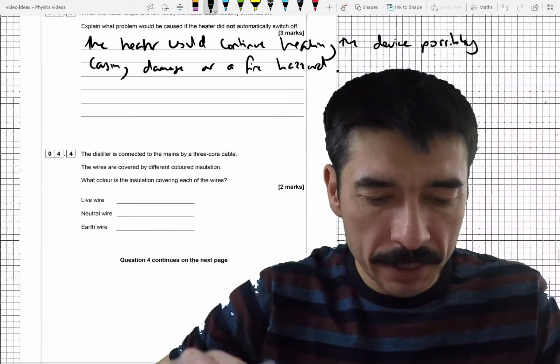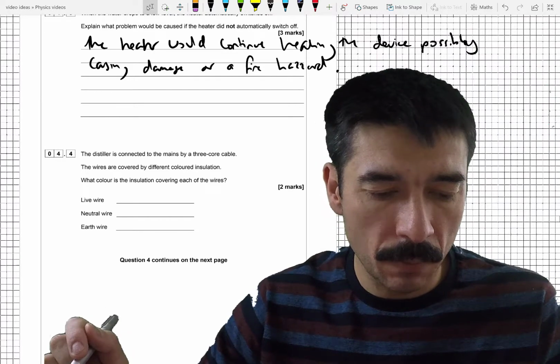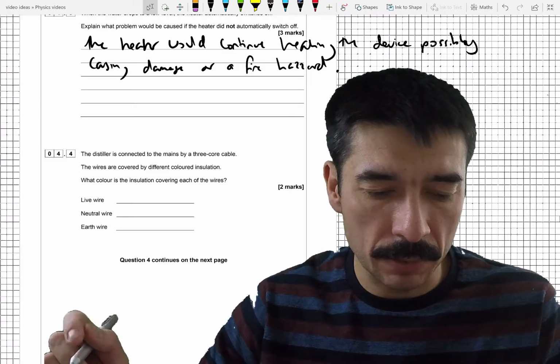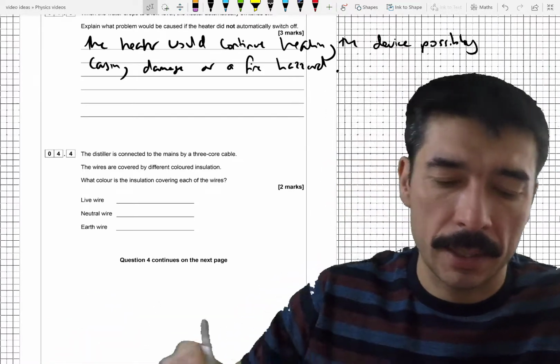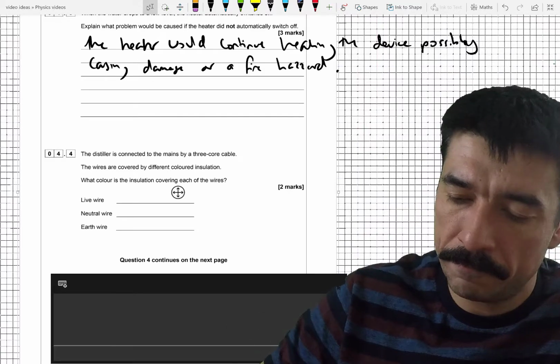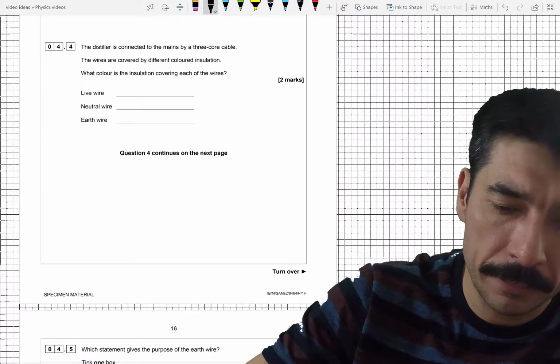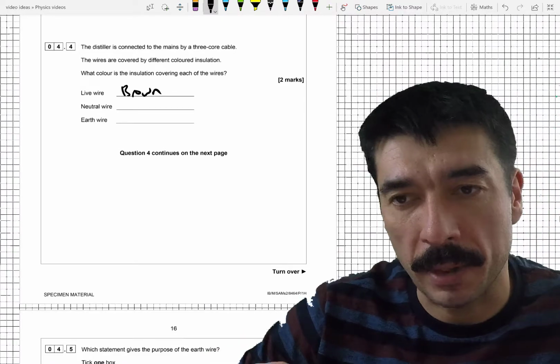Right. The distiller is connected to the mains by 3-core cable. The wires are covered by different coloured insulation. What colour is the insulation covering each of the wires? Live wire is brown. I've got a nice way of remembering that, but it's a little bit rude.